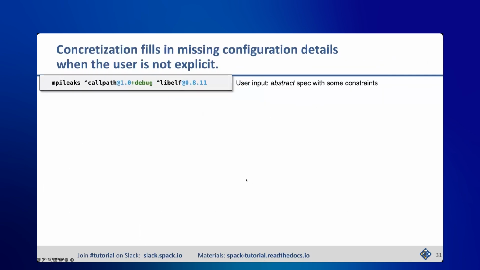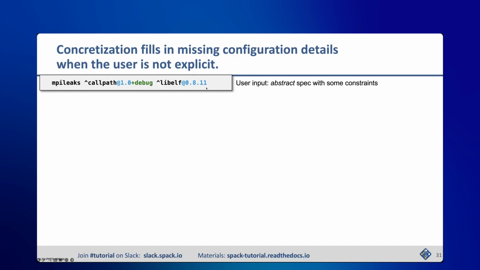And as you may have guessed, to put all this together, to take the user request from the spec syntax and the information provided by packagers in their package recipes, we have to solve the problem of basically satisfying all those constraints. And so when you ask Spack to install, say, MPI leaks depends on call path 1.0 plus debug, depends on libelf at 0.8.11, we call this an abstract spec.